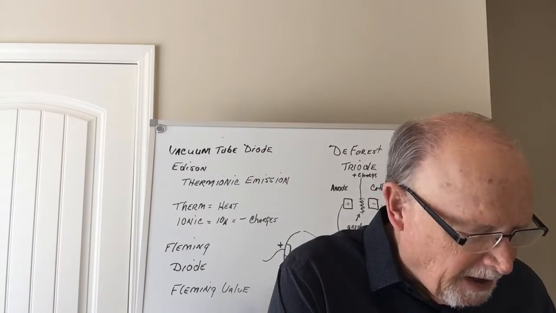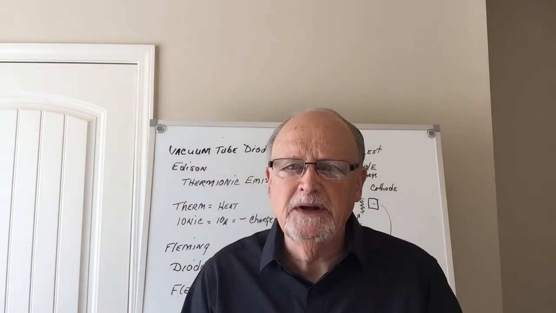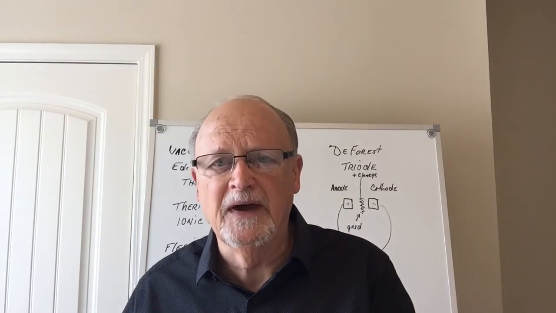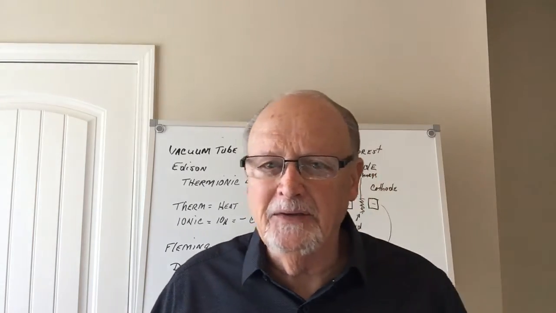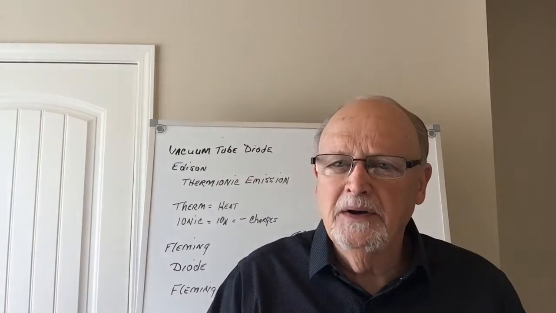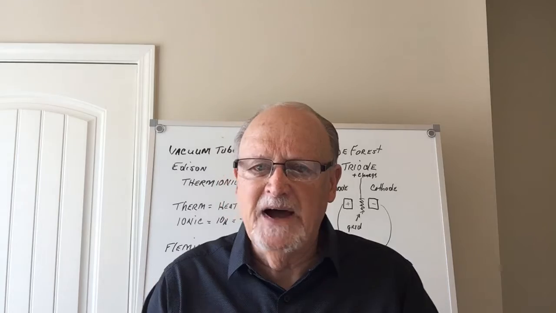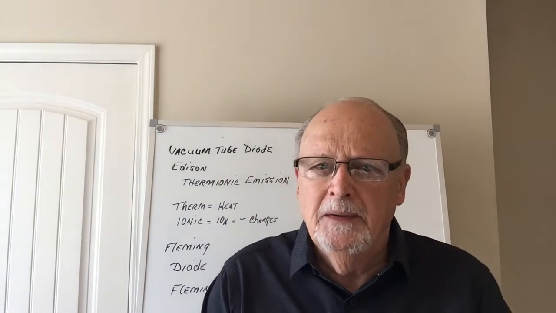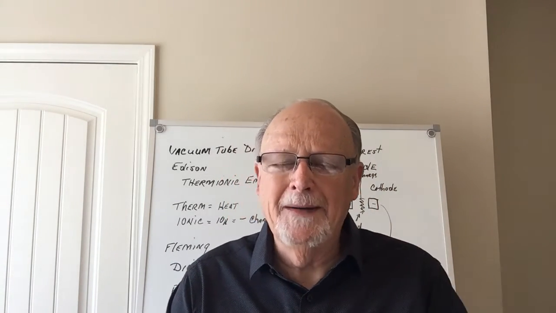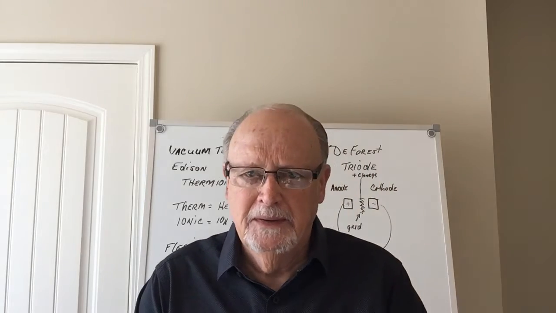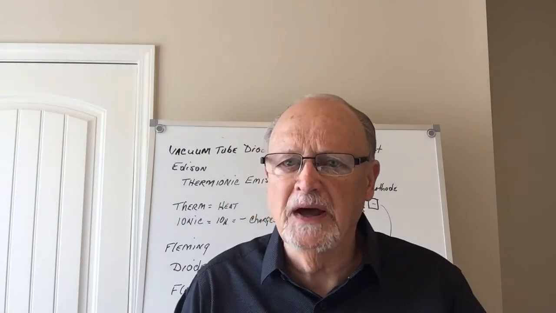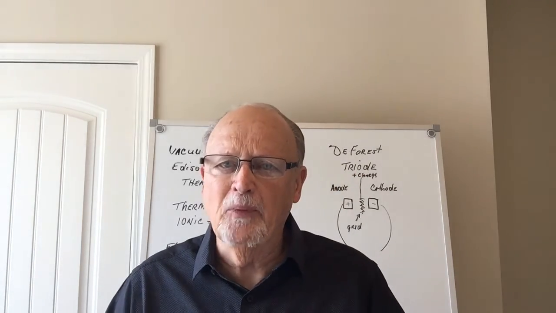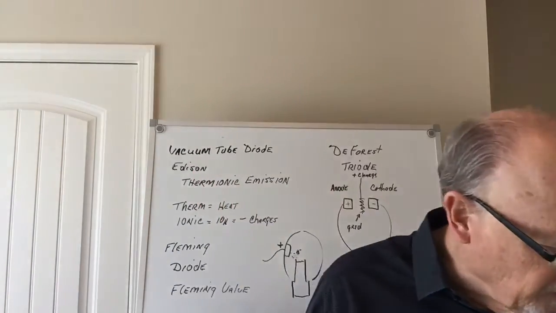In the Fleming valve, the electrodes are closer together, so you don't need as much power, which means you save energy, which ultimately means you save money. So the Fleming valve is smaller, more compact, more efficient, and able to be used in more things because it's not as big an apparatus as the emission bulb.